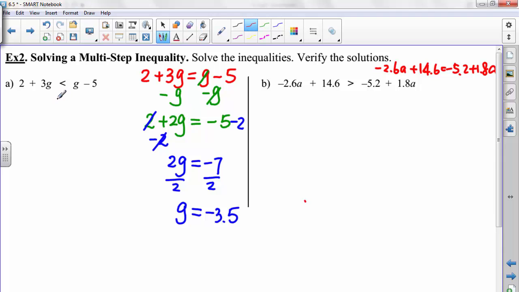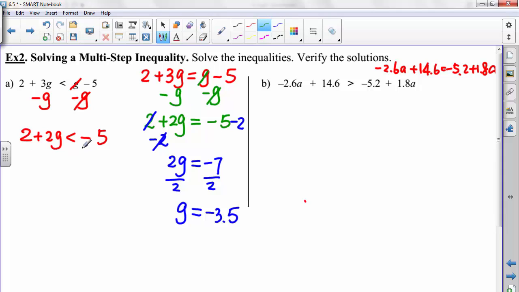If you have variables on both sides of an inequality, I still want to cancel the variable on the right side in most cases. So let's subtract g from both sides. Cancel g and the negative g. On the left side, then I have 2 plus 2g is less than negative 5. Then I want to isolate 2.